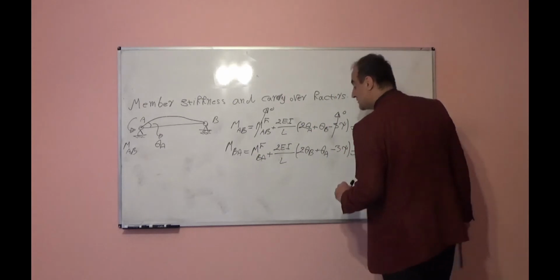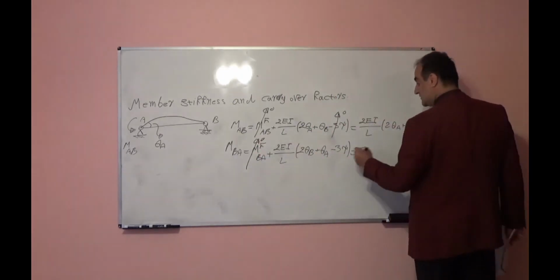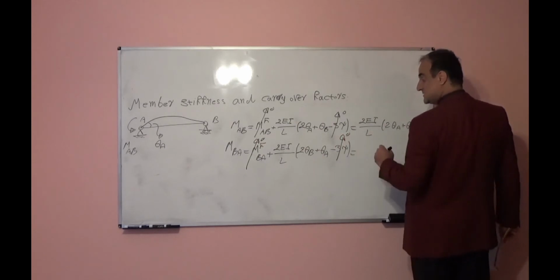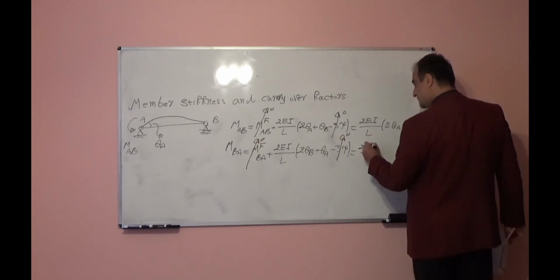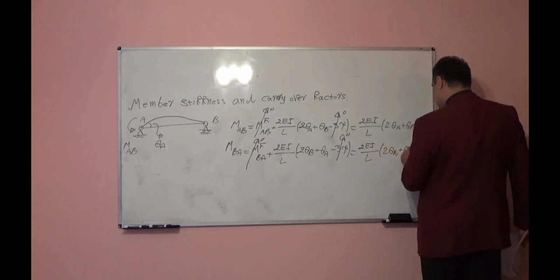Again because there is no external load, this term is 0. There is no settlement, this term is 0, so it is 2EI over L times 2 theta B plus theta A.